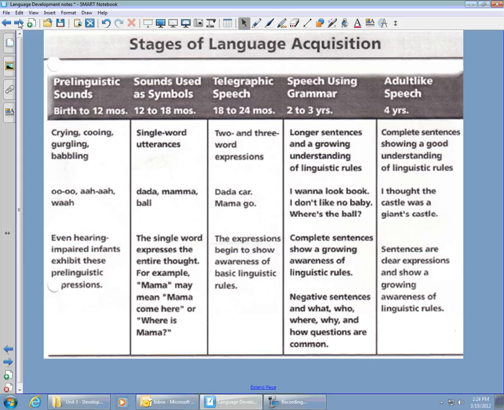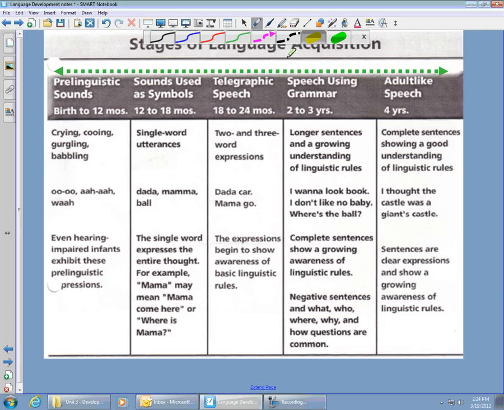All right, so when we take a peek at the overall timeline, over time, kids are developing more and more language. So if we summarize, the first year of life, we could call that pre-linguistic sounds, meaning they're not making words yet, but it's sounds.